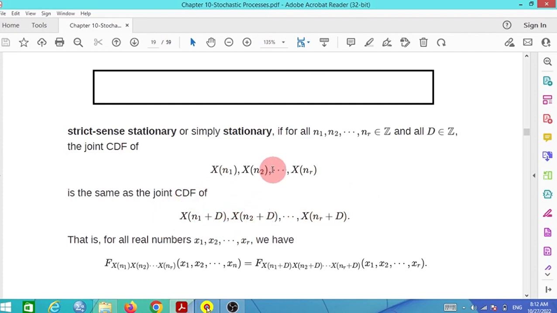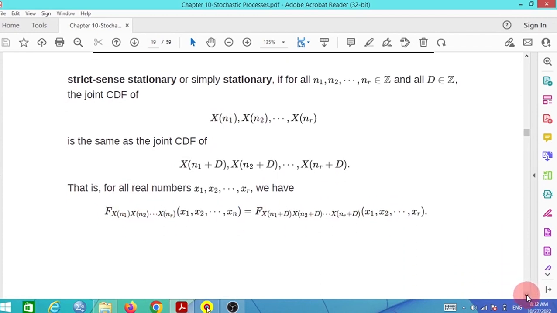It means that shifting time by the same amount does not change the distribution function. So these two distributions must be equal.